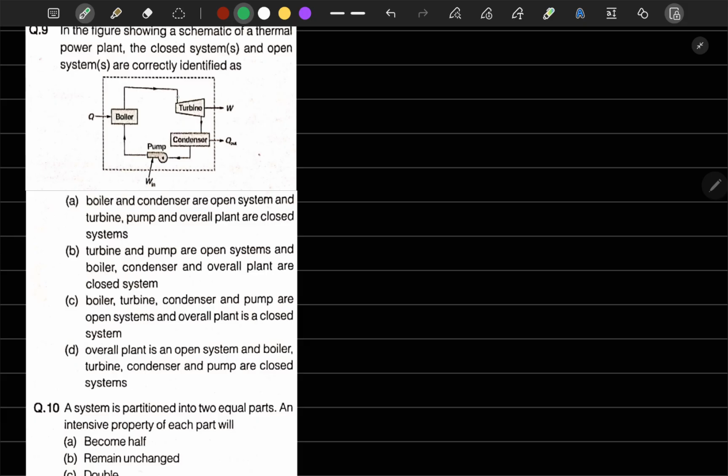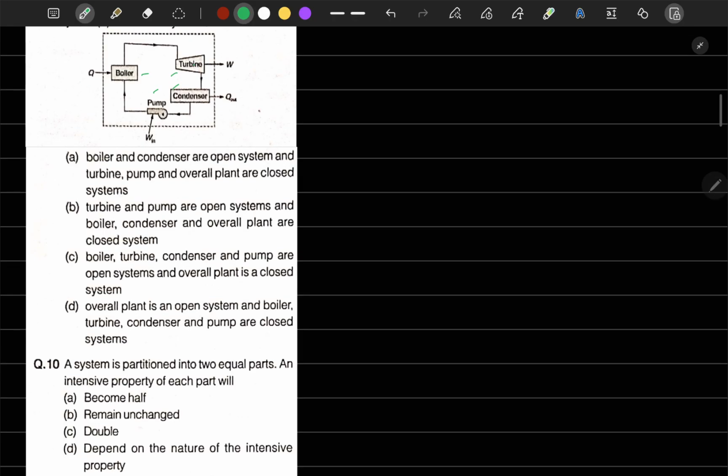We can see that in all the parts, whether it is turbine, condenser, pump or boiler, there is entry and exit of mass. Mass is continuously entering and continuously exiting. So what are all these four systems? Open systems. So let's see the options. Turbine, boiler, condenser and pump are open systems, and the overall plant is a closed system.